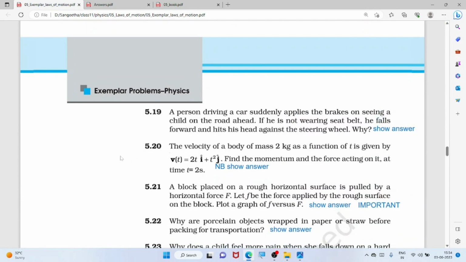A person driving a car suddenly applies the brakes. If he is not wearing the seat belt, see the answer, 5.19.